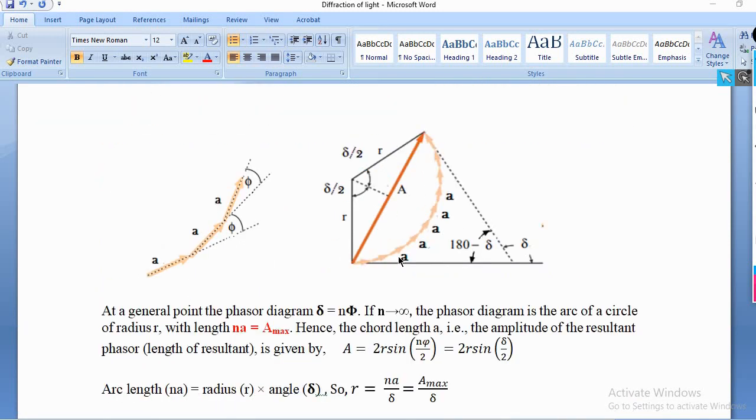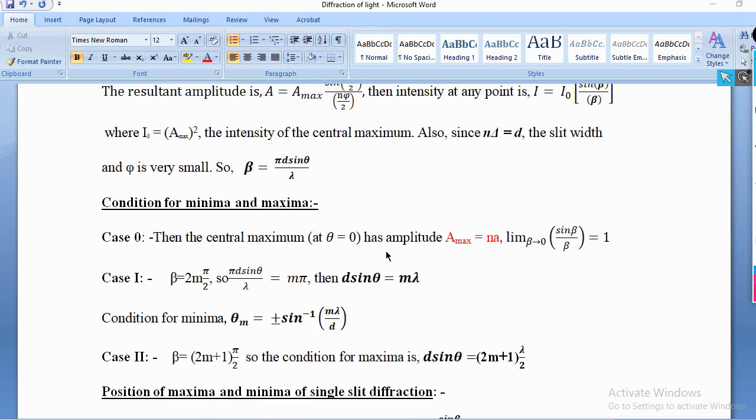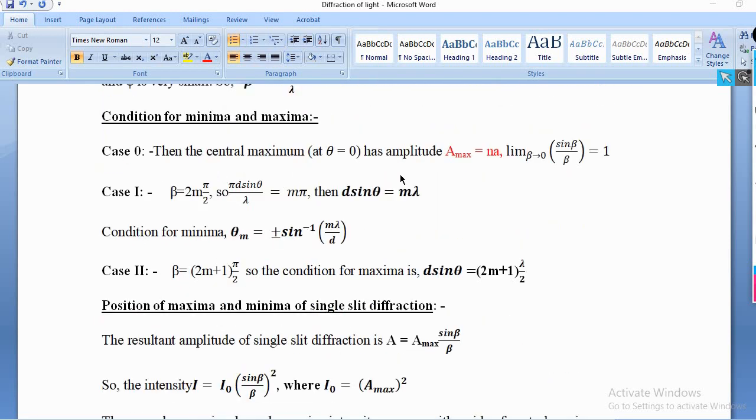By using the phasor diagram, we can also solve the problem. You can arrive at the same resultant amplitude, and from this resultant amplitude one can get the intensity. The conditions for central maxima, minima and secondary maxima were also explained.